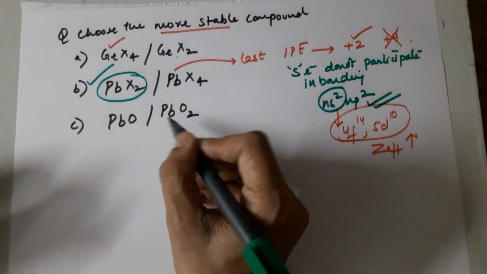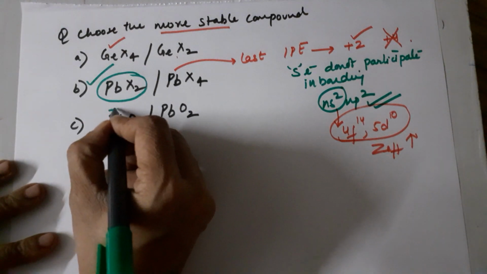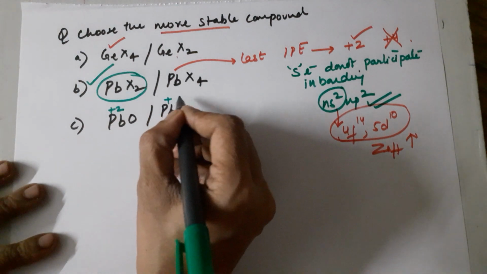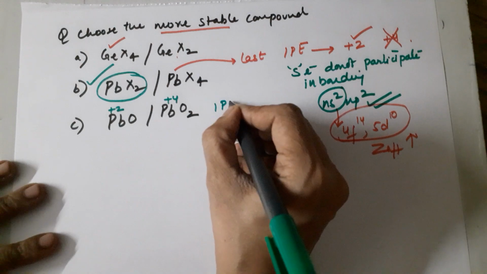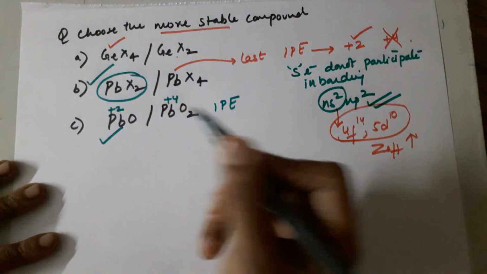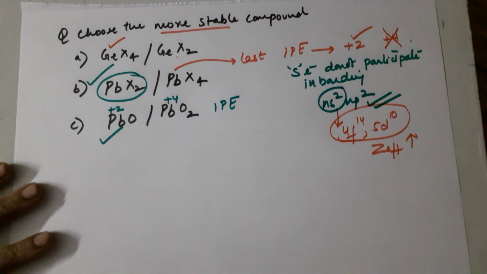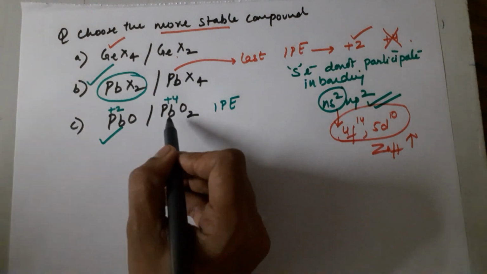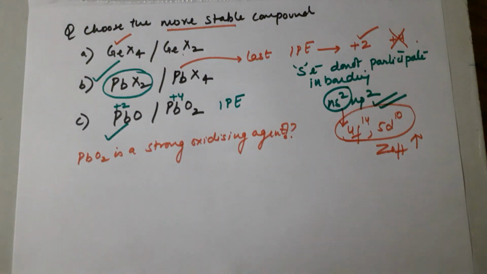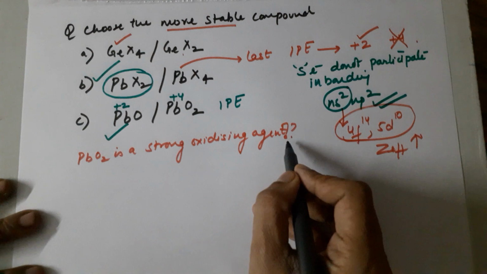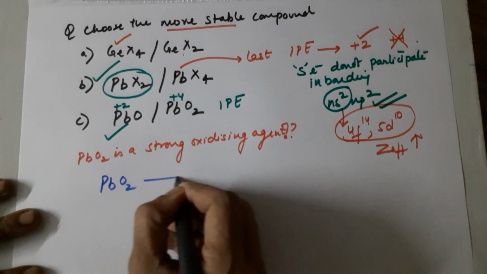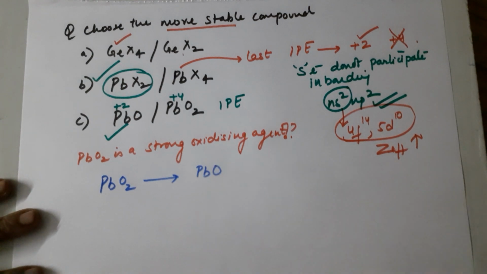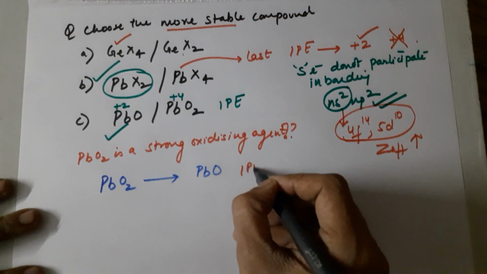Coming to these two, this shows lead is in the oxidation state of +2. This shows lead is in the oxidation state of +4. So, we very well know due to inert pair effect, this is the compound which would be more stable. Another such question related to these two is, PbO2 is considered as a very strong oxidizing agent, and the reason for it is that PbO2 prefers to go to PbO. The reason is inert pair effect.